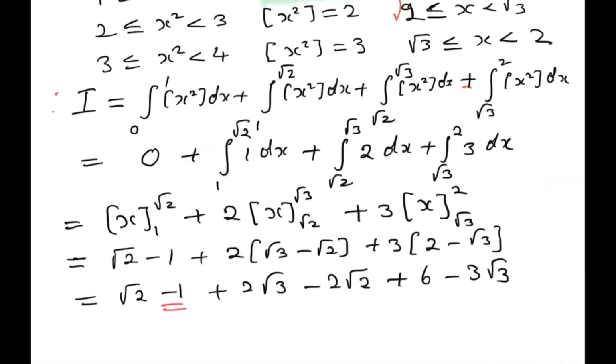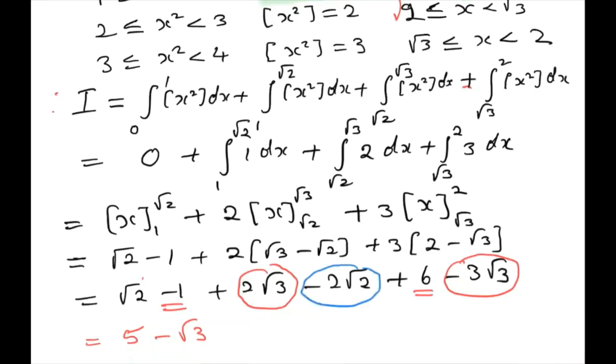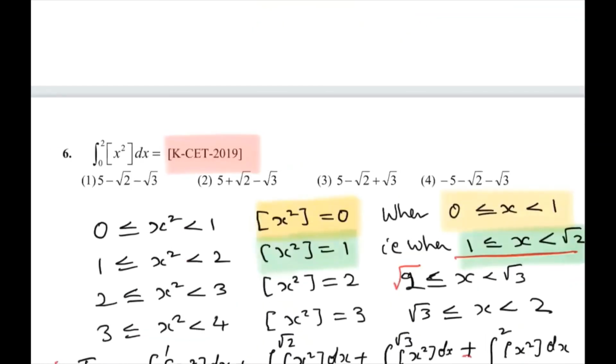Now minus 1 plus 6 is 5, plus 2 root 3 minus 3 root 3 is minus root 3, and minus 2 root 2 plus root 2 is minus root 2. This is the required answer. So the correct option is the first option.